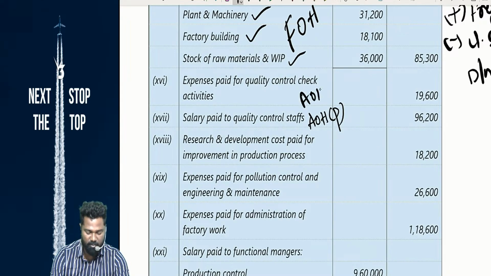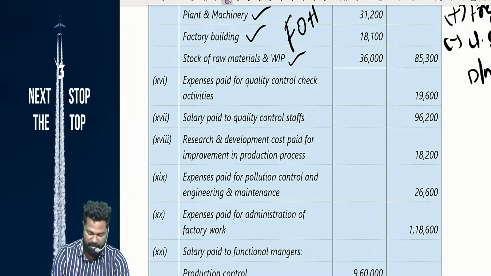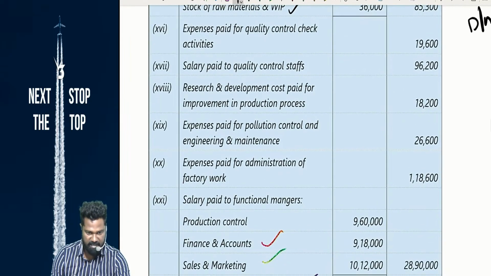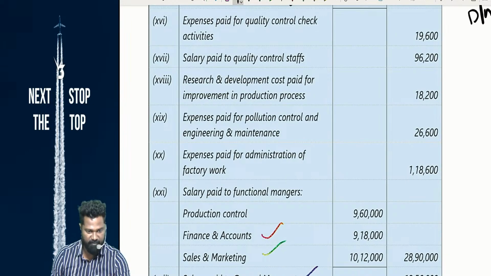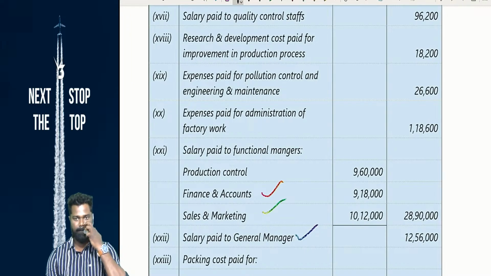Next is administrative overheads relating to, sorry, one second, net factory cost के बाद क्या आएगा? Okay, I'm sorry, it was my mistake. Next, research and development cost also after net factory cost. Expenses paid for pollution control and engineering and maintenance.